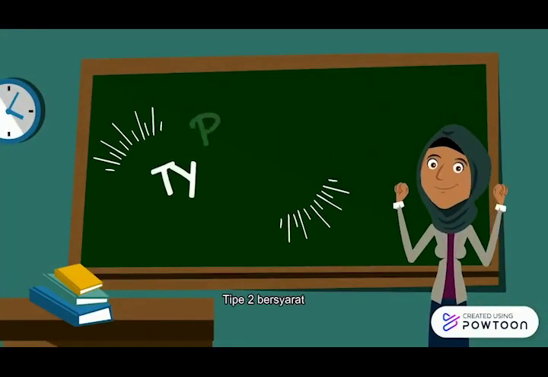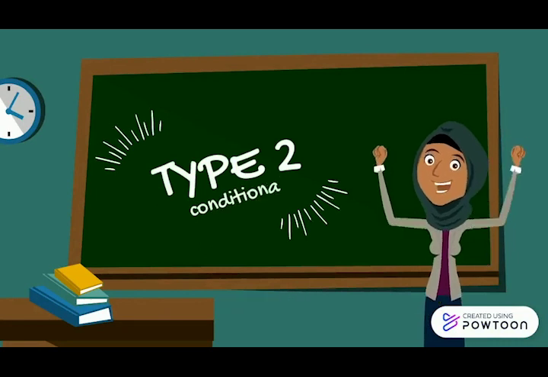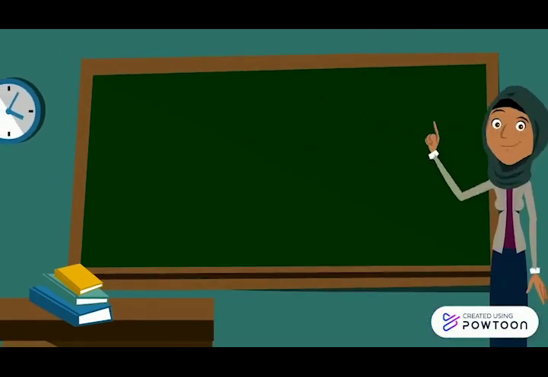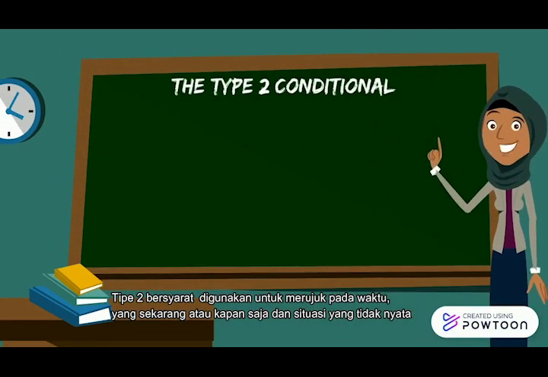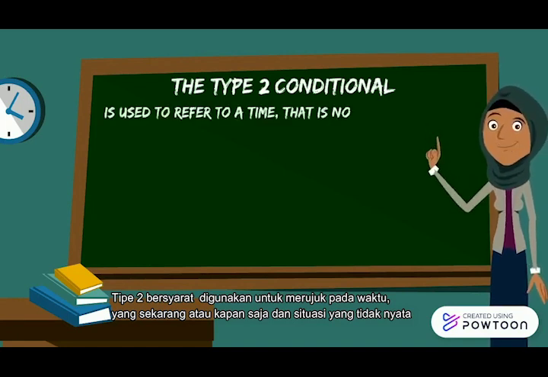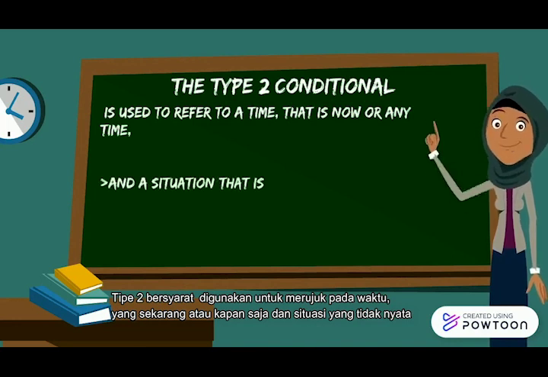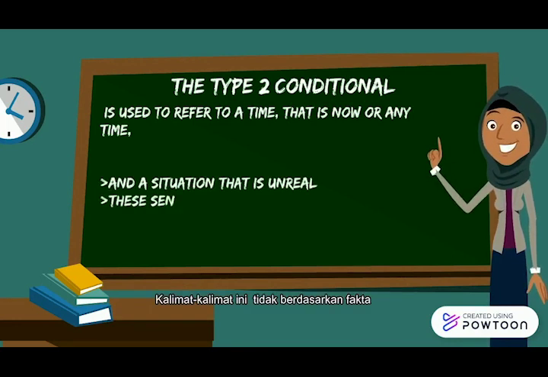Type 2 conditional. The type 2 conditional is used to refer to a time that is now or anytime and a situation that is unreal. These sentences are not based on fact.